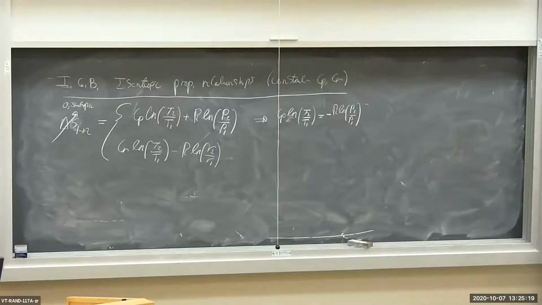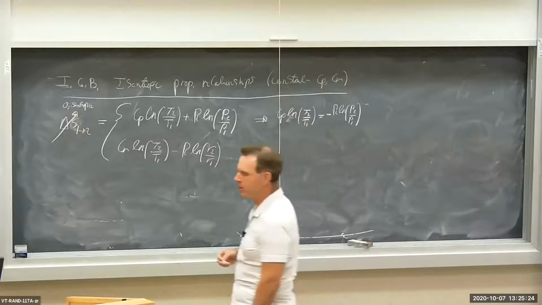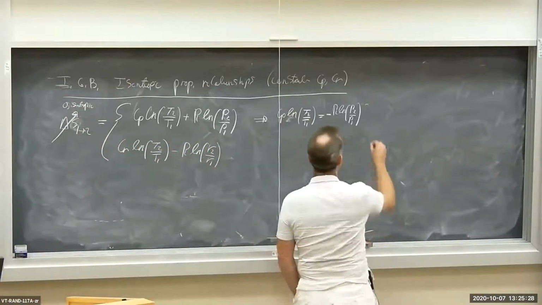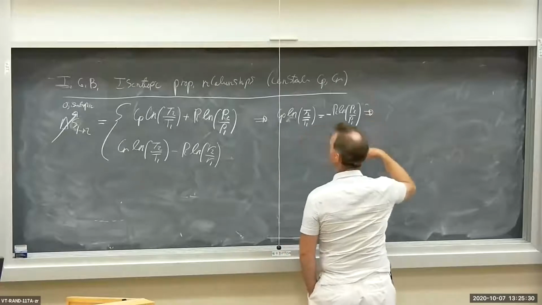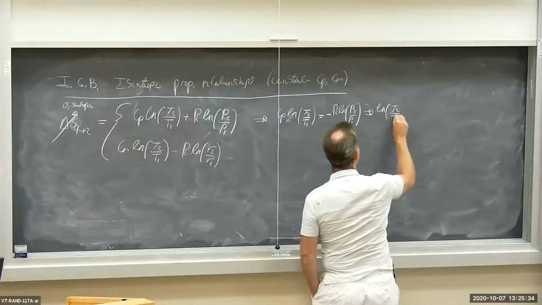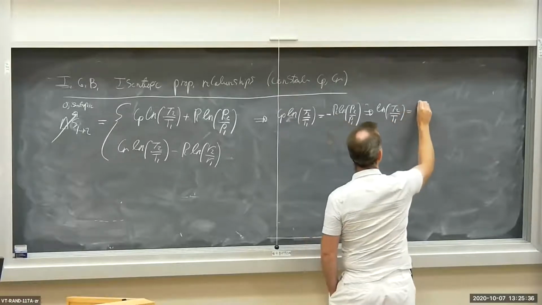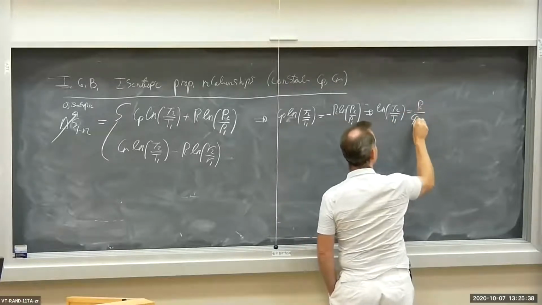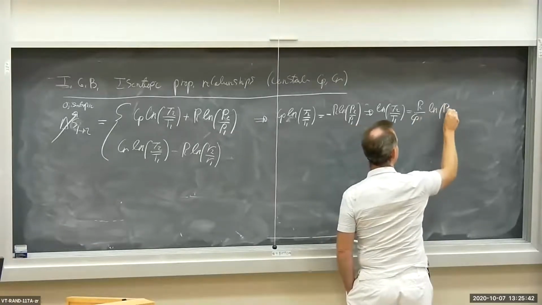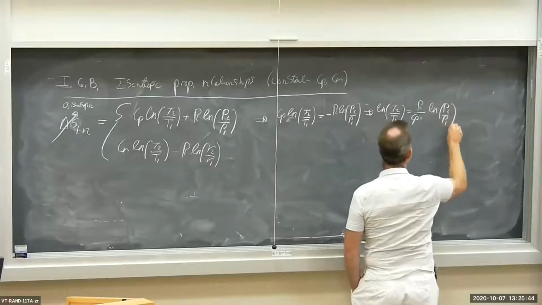Now I'm going to divide both sides of the equation by the specific heat, Cp. So I get ln T2 over T1 equals R over Cp ln P2 over P1, okay?